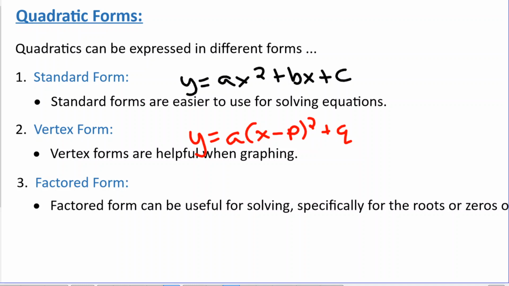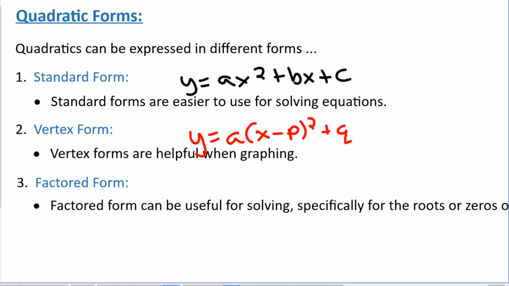And this is still a quadratic function because if I was to expand out that (x minus p) all squared, I would end up with an x squared. The x is just kind of disguised in this one. And notice that instead of b's and c's, we're talking about p's and q's, which represent different points, right? b and c and p and q are two different characteristics of the graph.